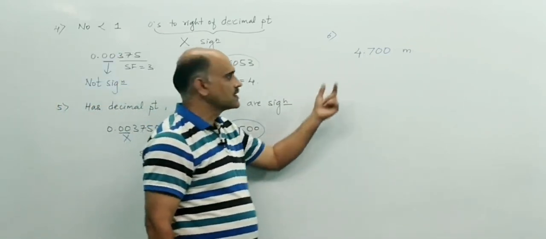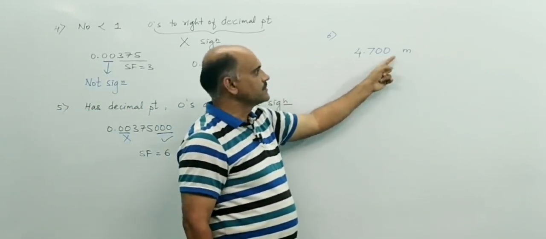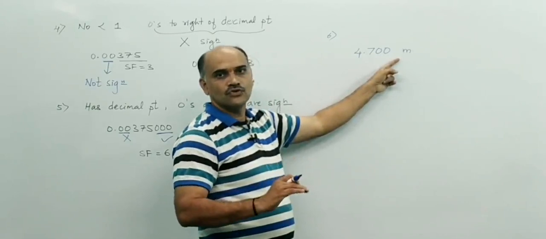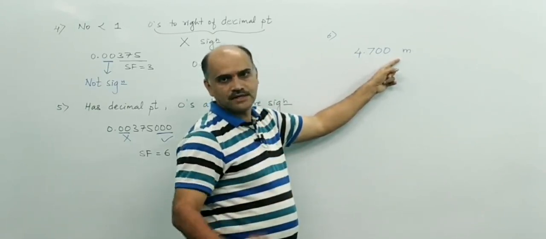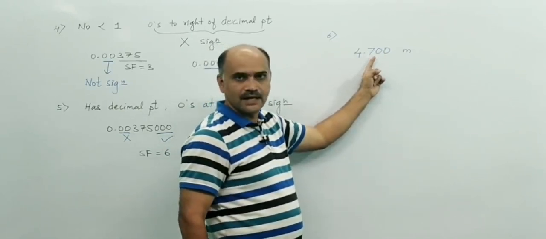Now, suppose I want to convert this into centimeters. 100 centimeters is equal to 1 meter, so I should multiply by 100.